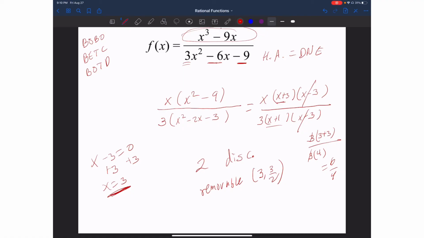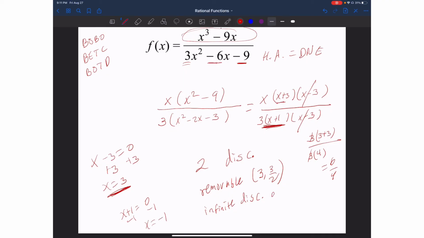Whatever is not able to cancel out from your denominator will be your infinite discontinuity. So in this example, I have to take my x plus 1 and set it equal to 0, subtract 1 from both sides, and I get x equals negative 1.